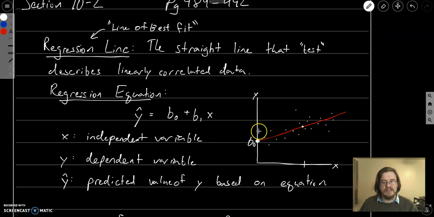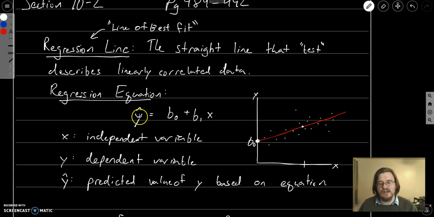So in this system, I'm treating x as the independent variable, and y is the dependent variable. These names come from the following. We normally think of being given x and having to figure out y. So y depends on what x is, but we can pick whatever value for x we want. It is independent of anything else.